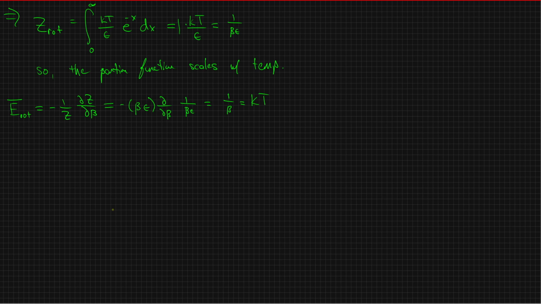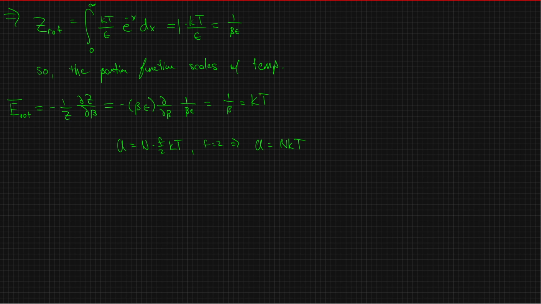Okay? So basically, we've shown the exact same thing that we would have expected using the equipartition result if f is equal to 2 when we're only considering rotational degrees of freedom. This is the same thing as we had before, where u of a system is equal to n times f over 2, k times t. And if you're considering only rotational degrees of freedom, then f is 2. So u is equal to n times k times t.